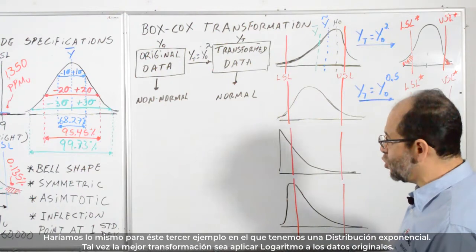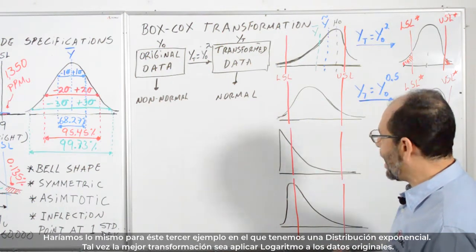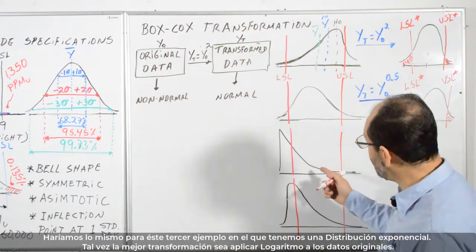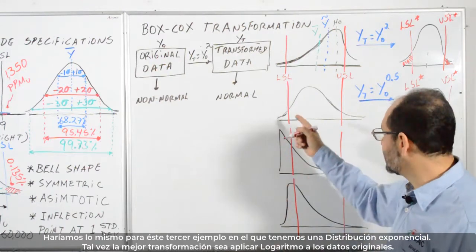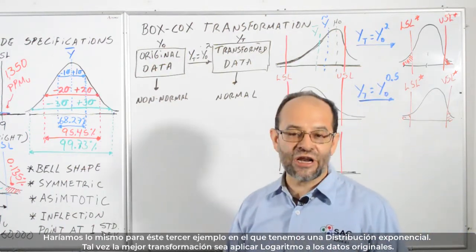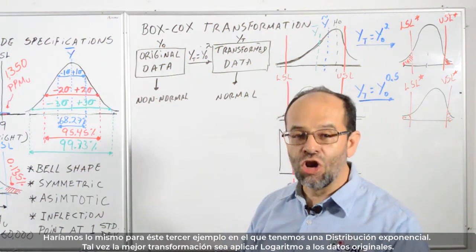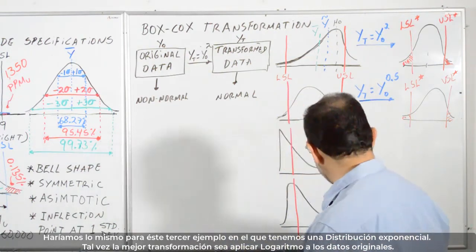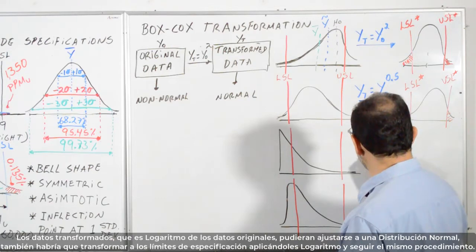For instance, if you have an exponential distribution, well, maybe the best transformation for an exponential distribution is logarithmic. Basically, same thing.